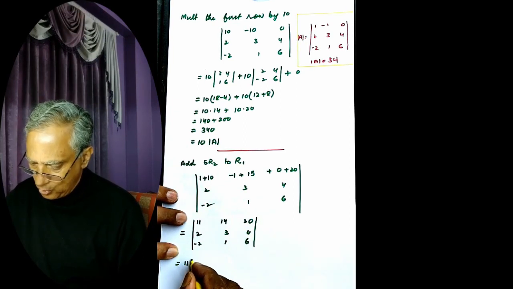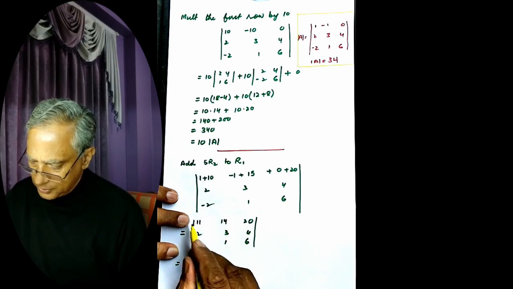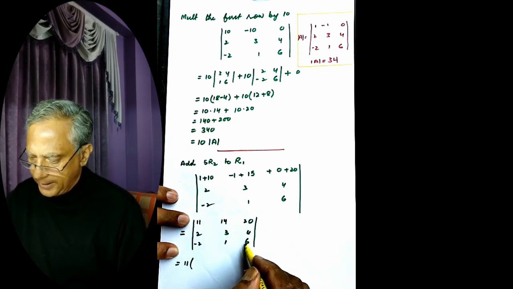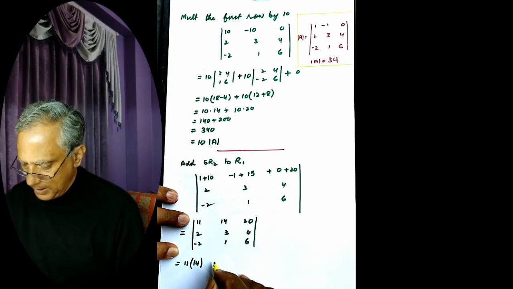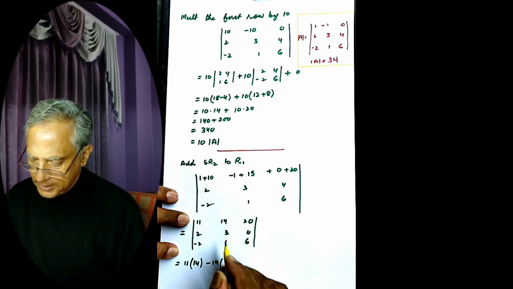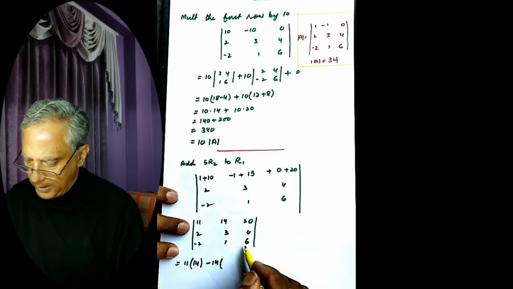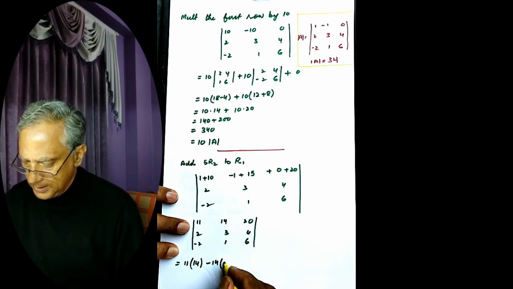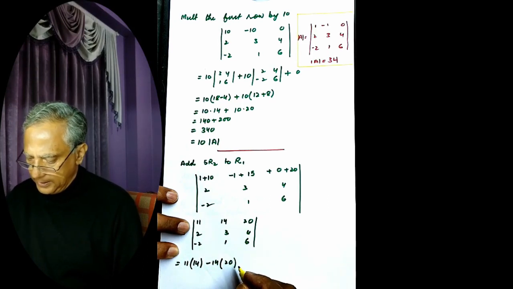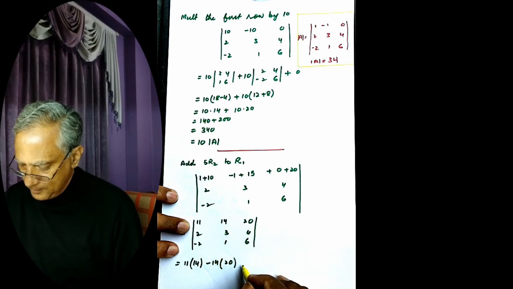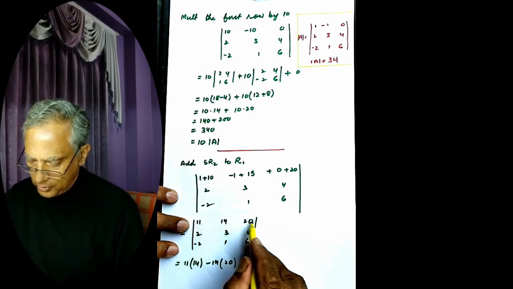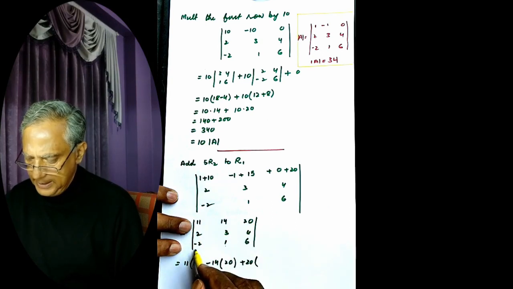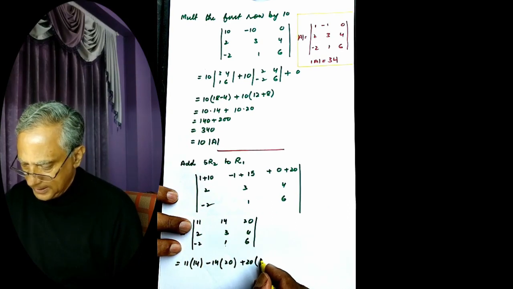And this is equal to 11 into, now this is gone, this is gone, 3 6s are 18, 18 minus 4 is 14, minus 14 into, this is gone, this is gone, this is 12 minus minus plus, 12 plus 8 is 20, and next is plus 20 into, this is gone, this is gone, 2 plus 6, that is 8.